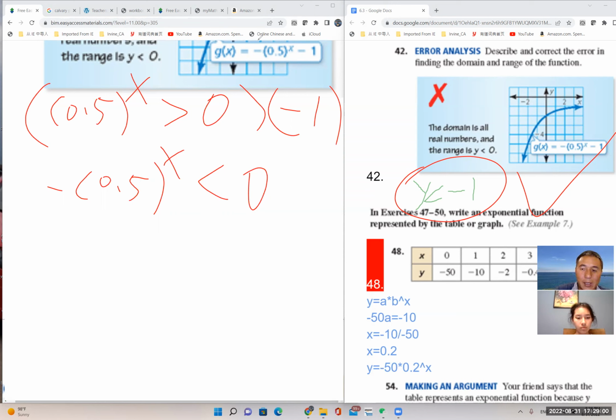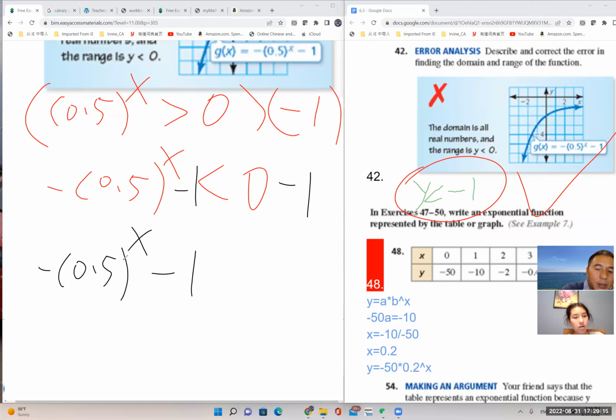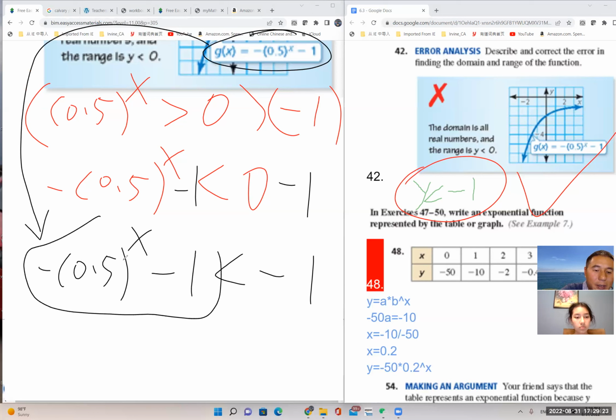Then both sides -1, so you get negative 0.5^x less than -1. So this is just this, right? Correct? Now you can find the function value is less than -1. It's knowledge related to inequality, not just a guess.